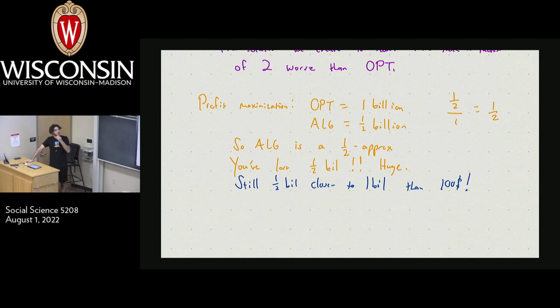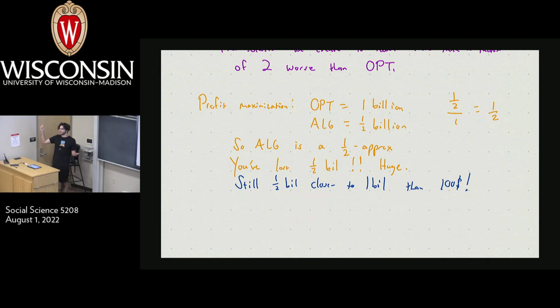Even though you are losing a lot of just raw money here, relative to how much you still get, it's not a huge difference. If you had $1 and instead you lost it and found 50 cents, there's not a huge difference in your buying power, right? There's not a lot more you can buy with $1 billion than you can $500 million. If you have $500 million, you probably can buy anything you want anyway.